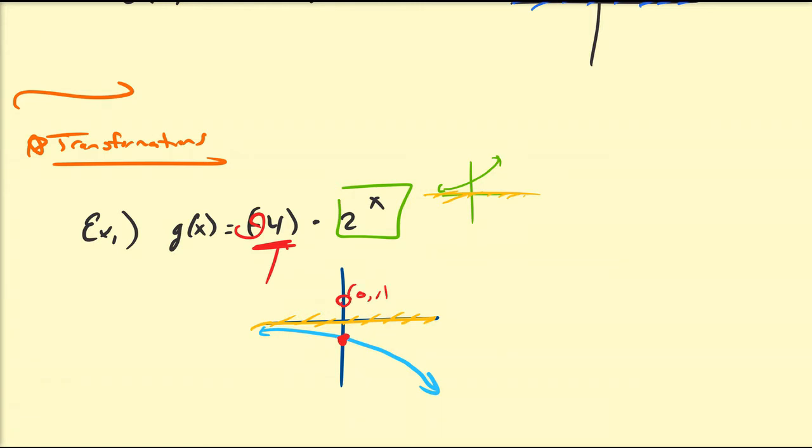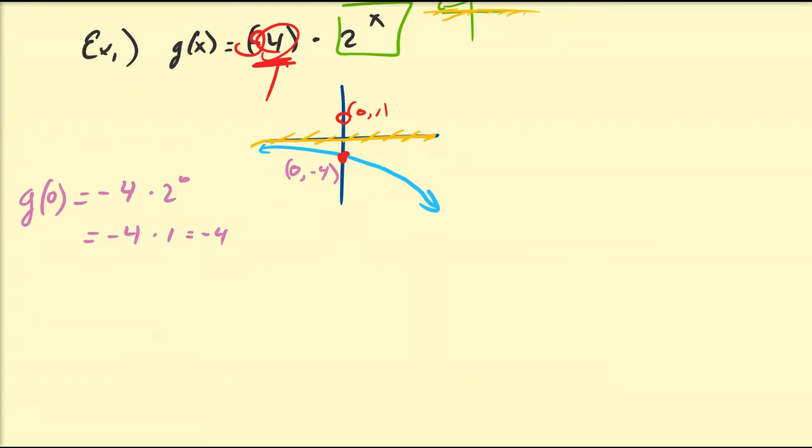This is not (0, negative 1) because of this multiplying factor of 4. So I'm just going to plug in 0 into this function just to be sure. This is going to be negative 4 times 2 to the power of 0, which is negative 4 times 1, which is negative 4. So that means this point right here is (0, negative 4).